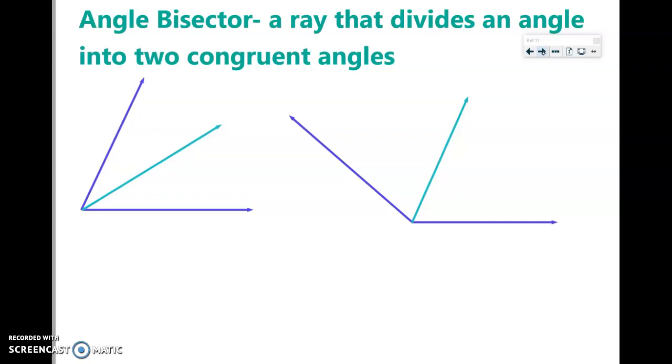So it divides it into two congruent line segments. Here, an angle bisector divides an angle into two congruent angles. So here, the teal blue is the angle bisector of this big one and would result in two congruent angles. So both of these in blue are angle bisectors. Take a few minutes and draw these two.